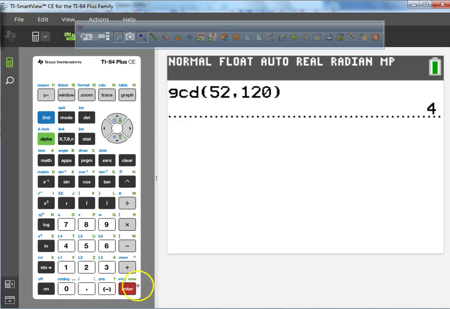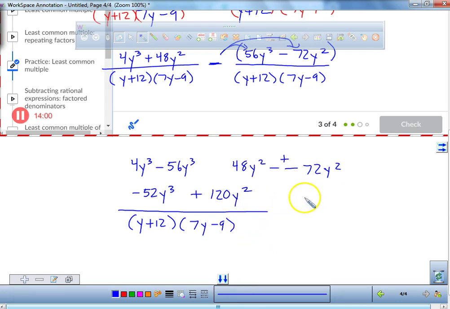It's a 4. So that's really the only thing we can factor out. We're going to factor out a 4 and a y squared. It's going to leave me with a negative 13y plus, I factor out a 4 here, so it's going to be a 30.